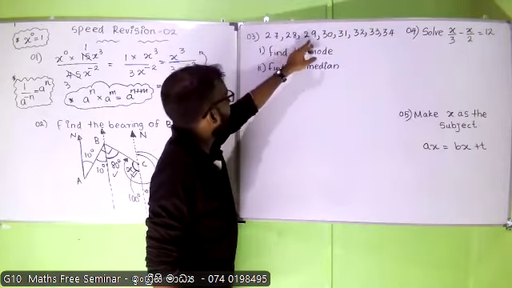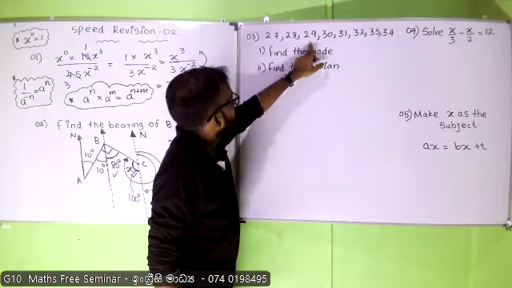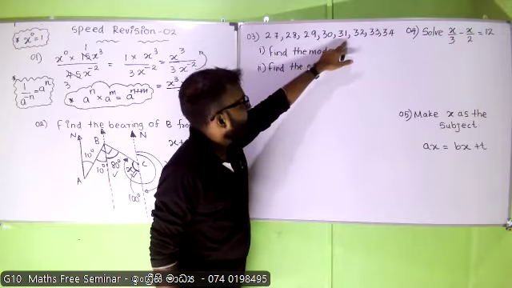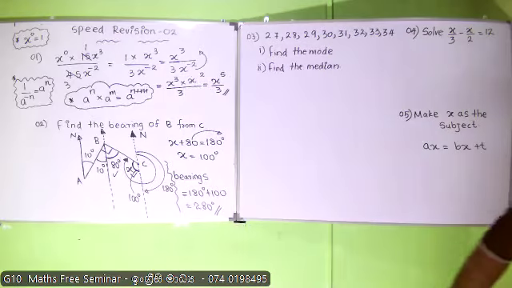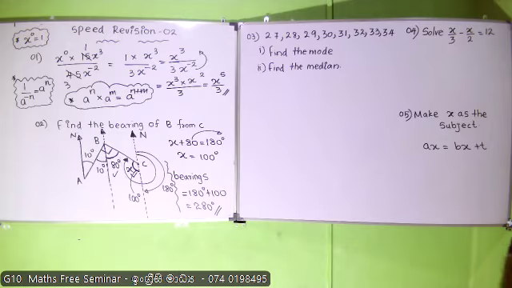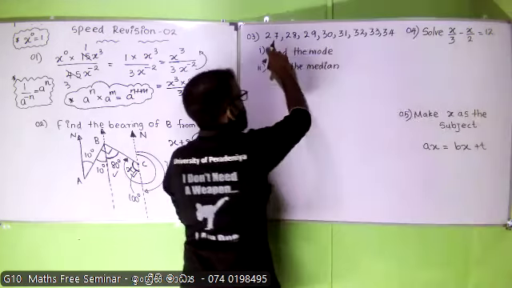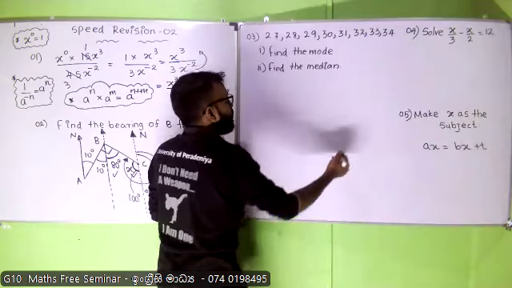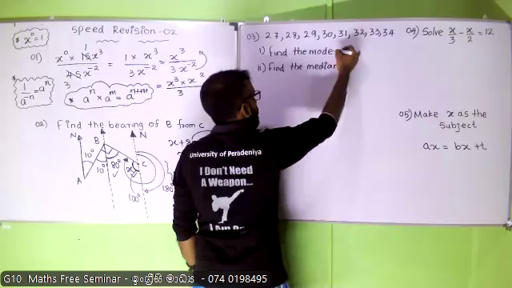What is the repeated number? There is no mode. 27, 28, 29, 30, 31. Did I write it correctly? Yes. There is no mode. No number has been repeated more than 2 times, so you cannot find any mode.